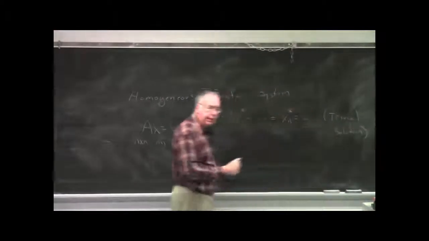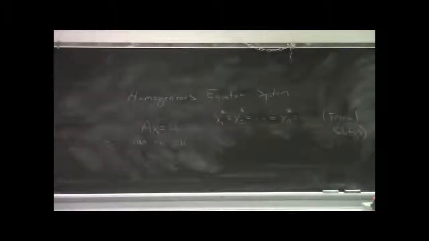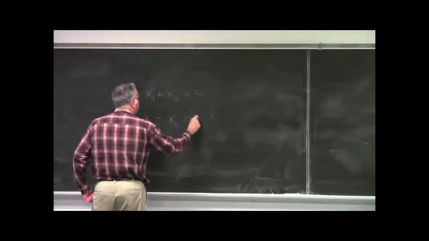Okay. For example, let me just make this a little more concrete for you. Suppose we have two equations, x1 plus x2 equals 0, and x1 minus x2 equals 0. Well, it's obvious if x1 is 0 and x2 is 0, that equation will be satisfied.